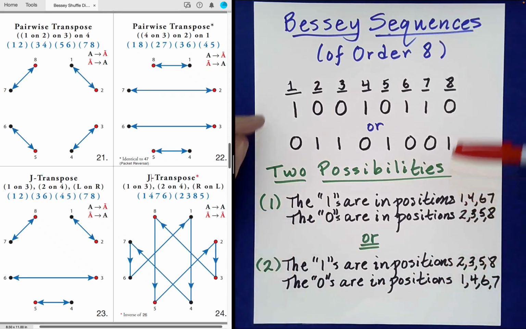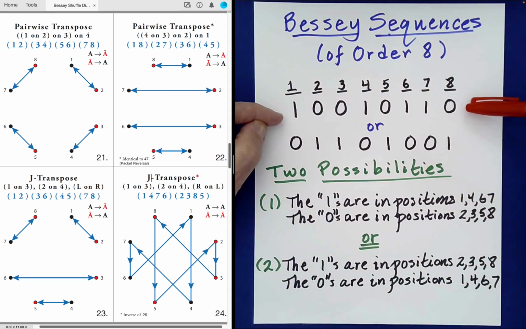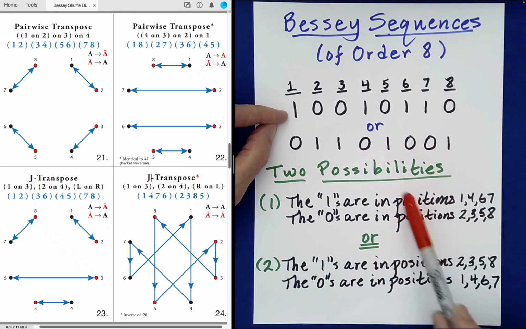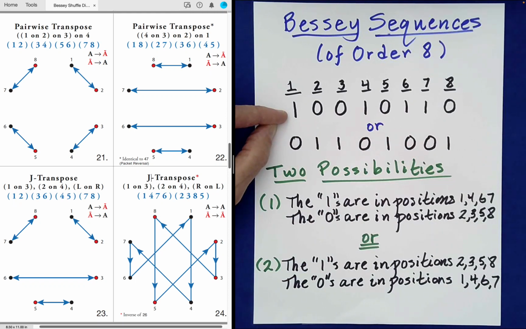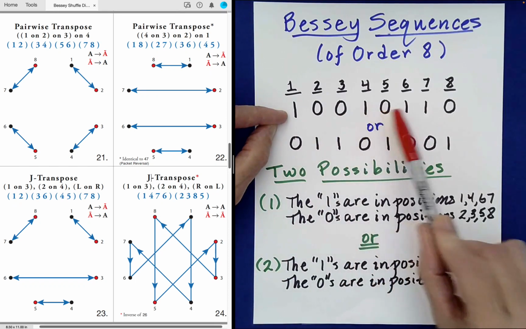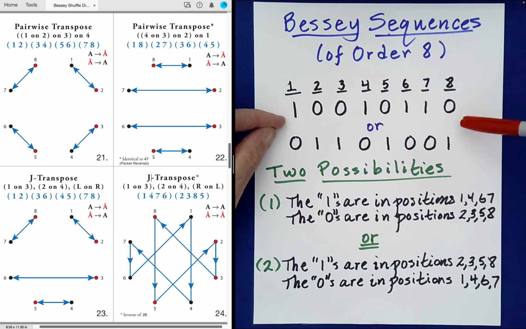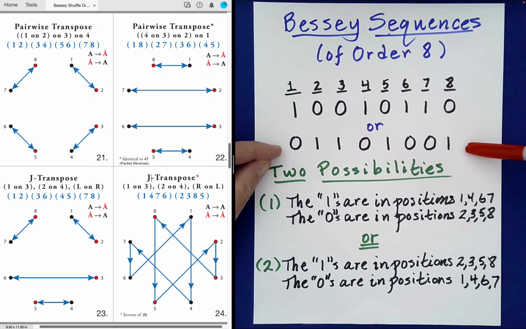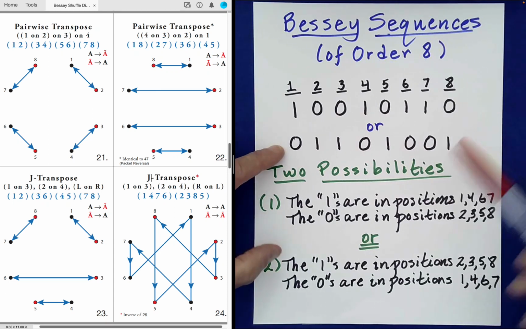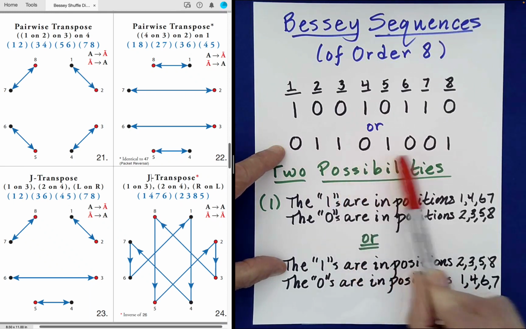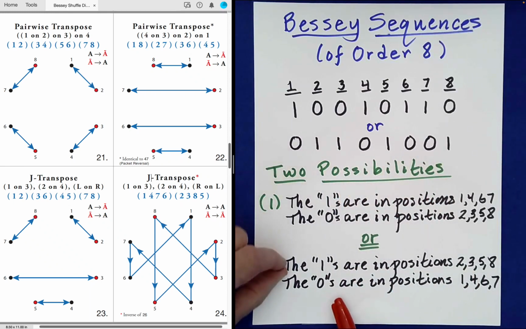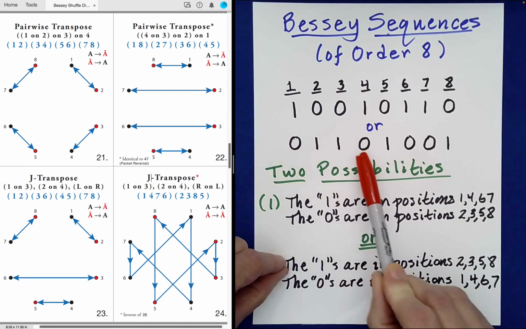In the case of the Bessey sequence up above, the ones are in positions 1, 4, 6, 7, and the zeros are in positions 2, 3, 5, 8. For the inversion, the role of the zeros and ones switch places. The ones are now in positions 2, 3, 5, 8, and the zeros are in positions 1, 4, 6, 7.